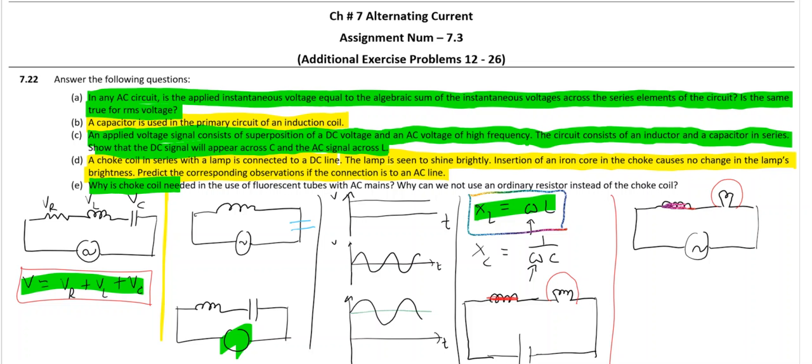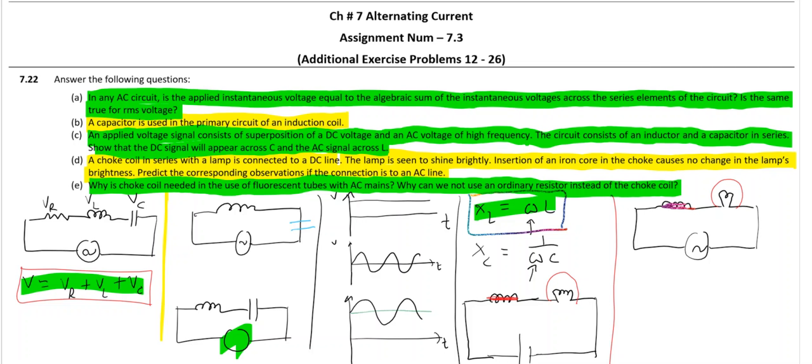Why is choke coil needed in the use of fluorescent tubes with AC mains? Why can we not use an ordinary resistor instead of choke coil? Very interesting question. The answer is fluorescent tubes require comparatively less voltage, and if you want to get less voltage, you will have to consume extra voltage elsewhere. So we have two options.